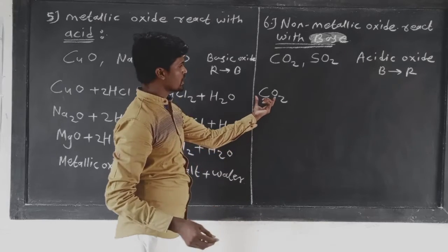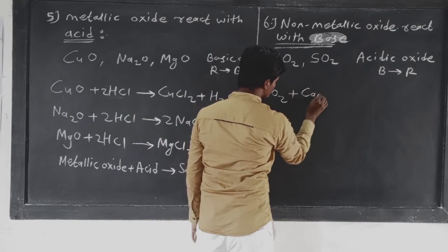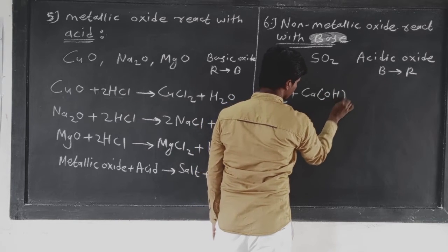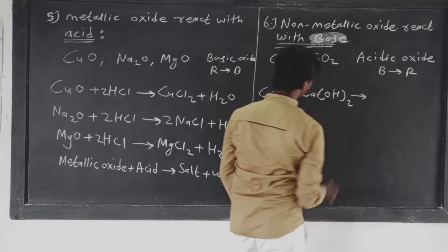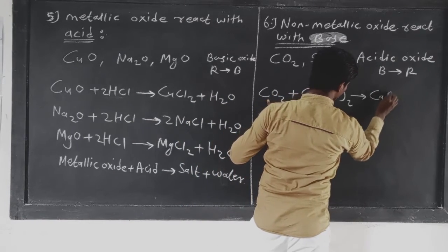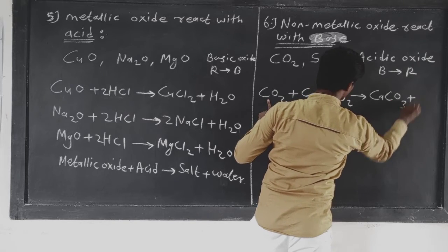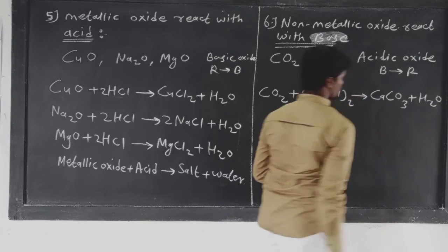So carbon dioxide, an acidic oxide, reacted with the base calcium hydroxide gives salt and water, meaning calcium carbonate, which is limestone, CaCO3, with byproduct H2O, water molecule.